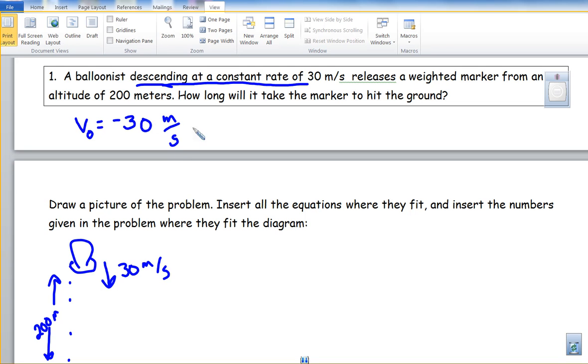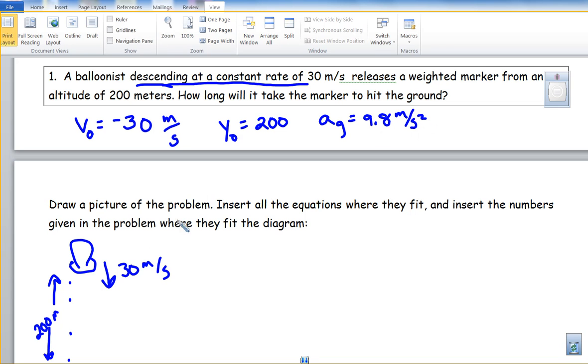And y0, the initial starting position of the marker, was 200 meters. And then what else do we know? Well, of course, acceleration due to gravity is a constant. It's going to be 9.8 meters per second squared.